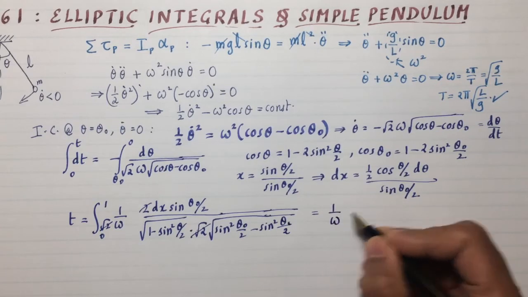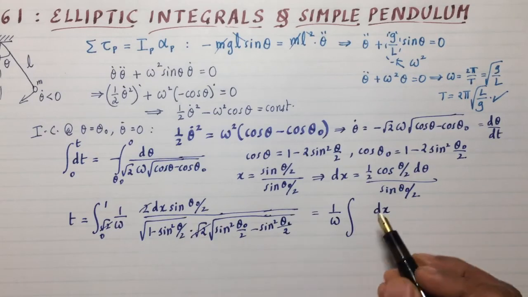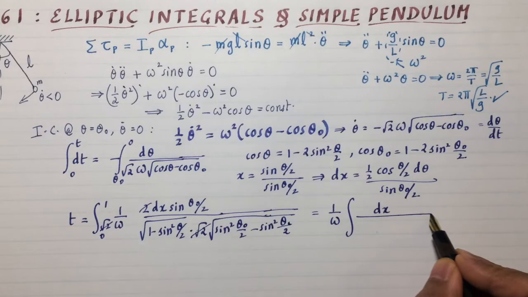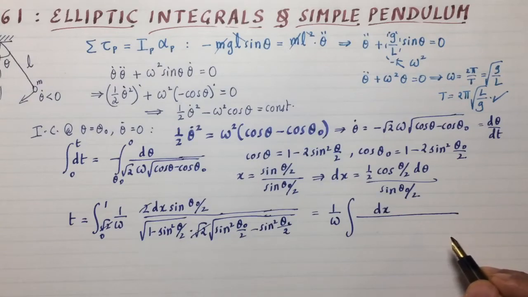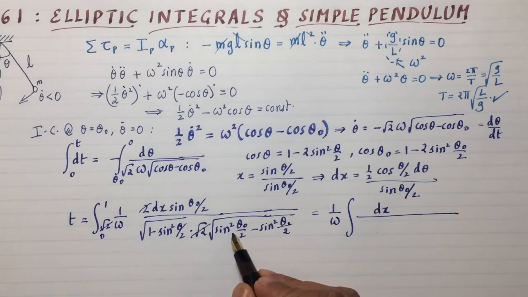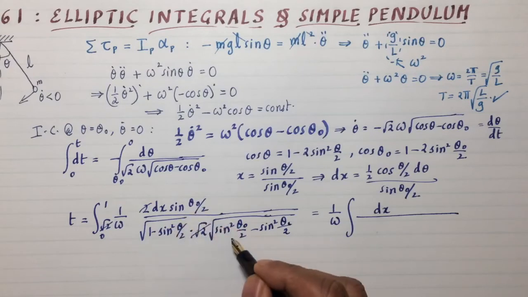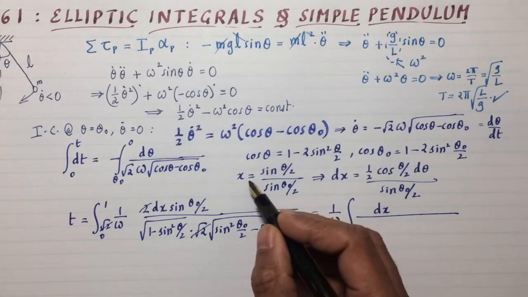Because this is 1 over omega integral dx over, let me try the following. I'm going to take out from this sine squared theta naught over 2. If I do that, those two things will cancel out, and I get 1 minus sine squared theta over 2 divided by sine squared theta naught over 2, which is just x squared.